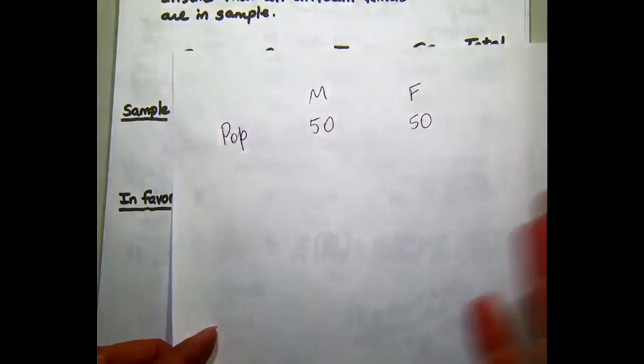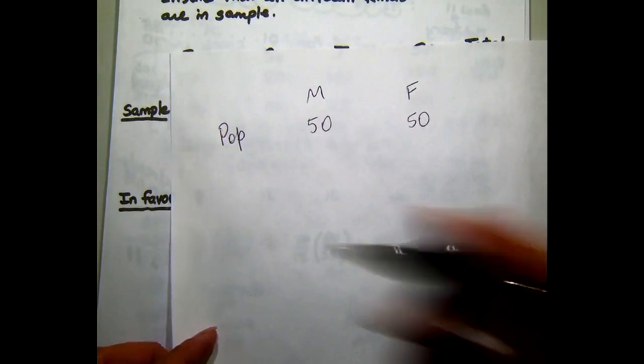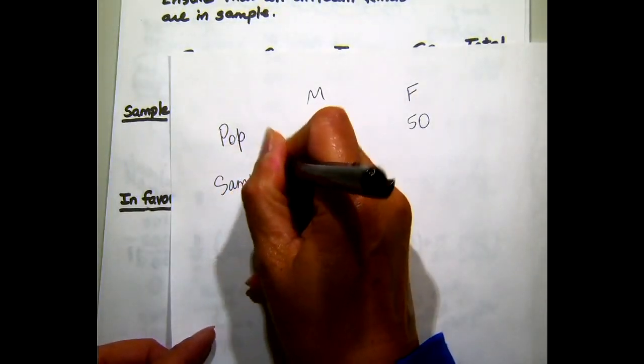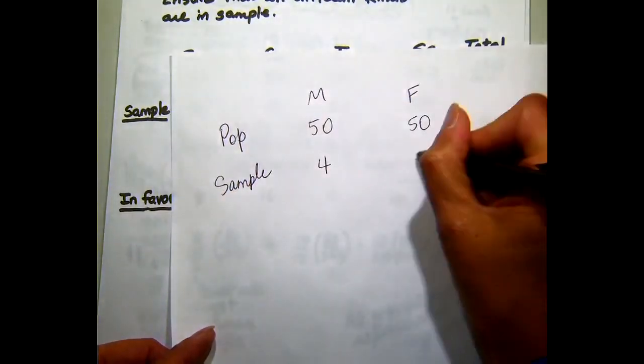No, disproportionate means that I take a sample of a different size even though the numbers in the population are the same. Meaning in the population I have 50 males and 50 females, but when I choose a sample, I choose 4 from here and 8 from here.